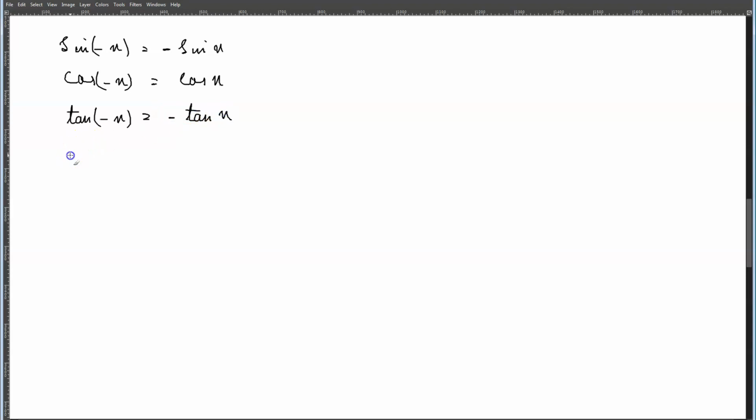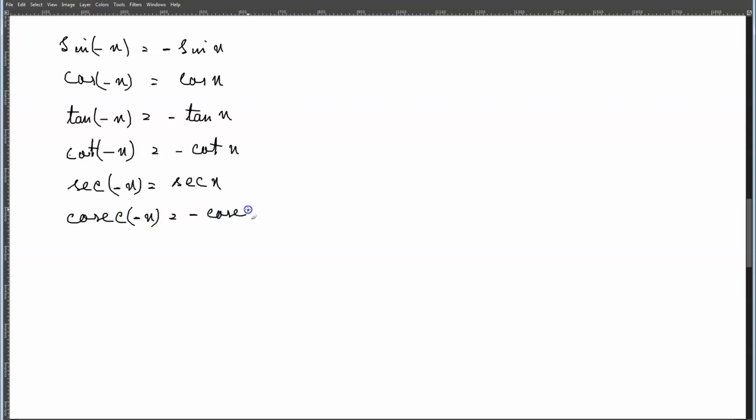We have the cot of negative x is equal to negative cot of x. We have the secant of negative x, which is equal to secant x, and we have the cosecant of negative x, which is equal to negative cosecant x. So that is basically all about these 6 formulas, and we talked about them.